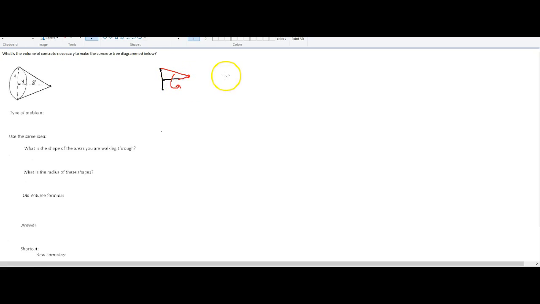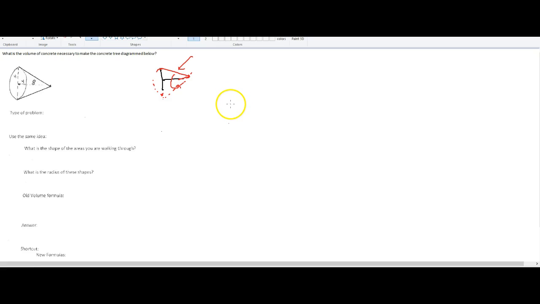When I do that, this piece here comes all the way over to here, and then I end up with a cone, right? And so if I spin it like that, we call this a problem of revolution. So we're taking a function and we're revolving it around the x-axis. That's basically what a revolution problem is.